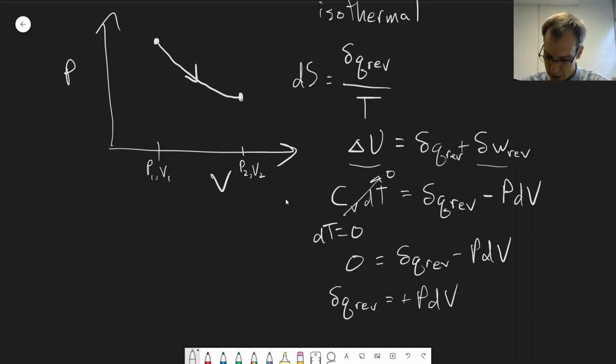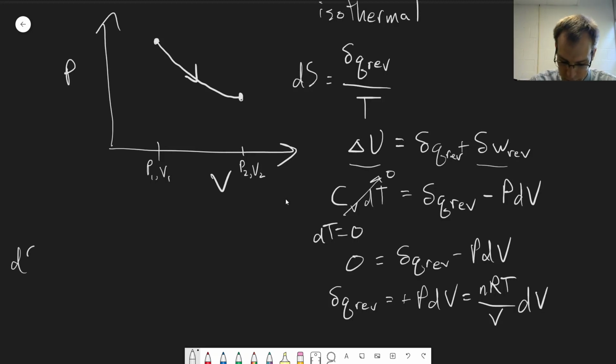And now we can go ahead and make the substitution that we know what P dV is. P is, for an ideal gas, again, we're assuming ideal gas behavior, nRT over V dV. And so if we want to find dS, well, that's going to be equal to this expression divided by temperature, right?